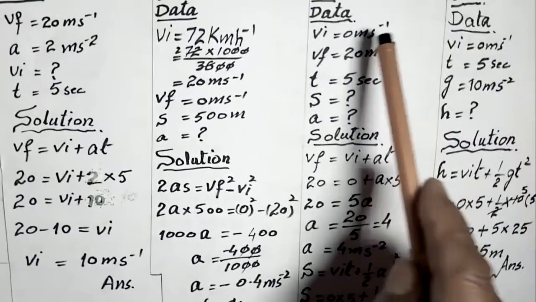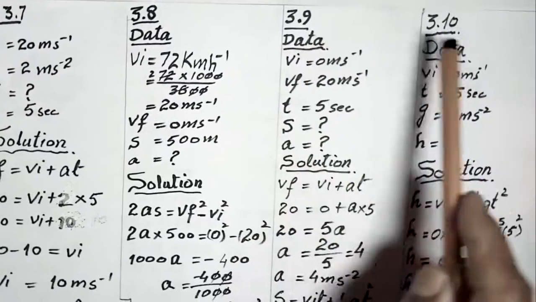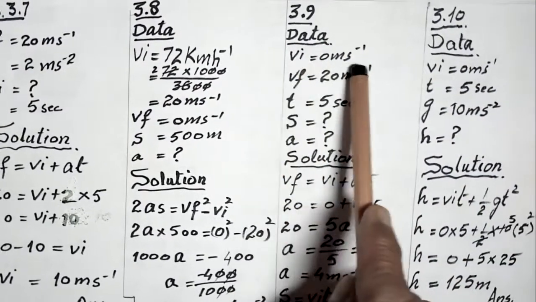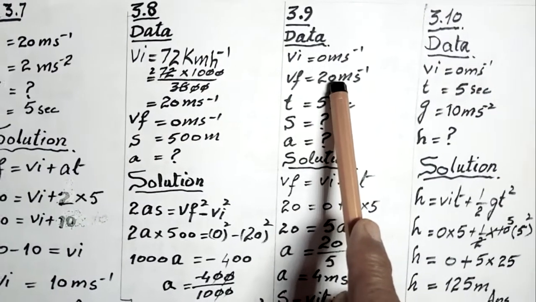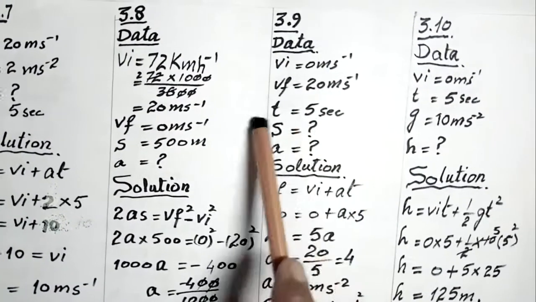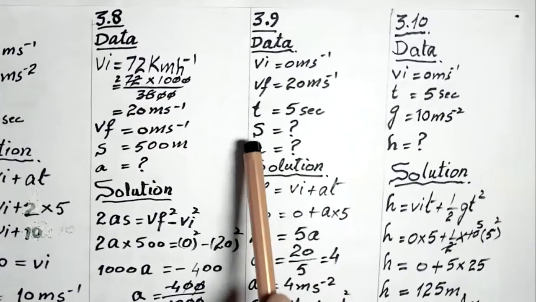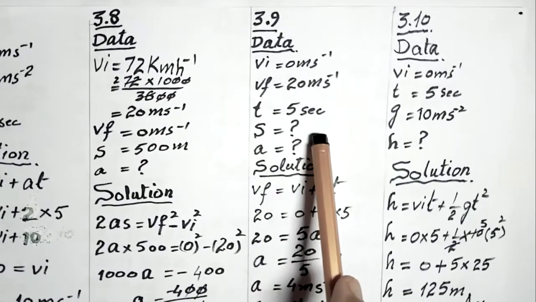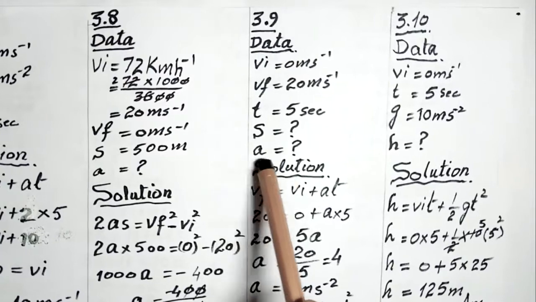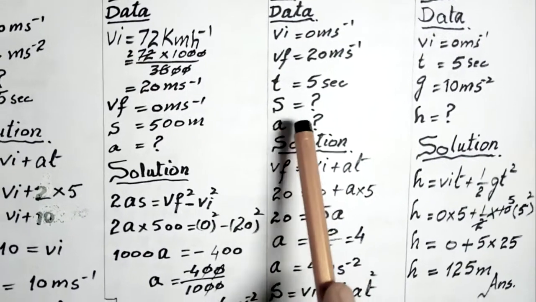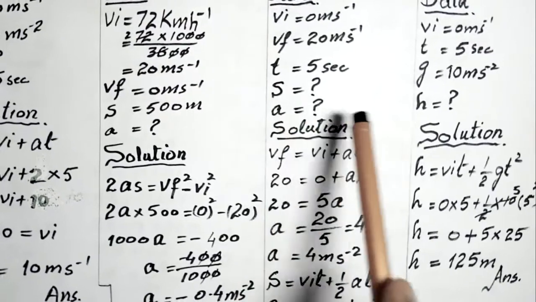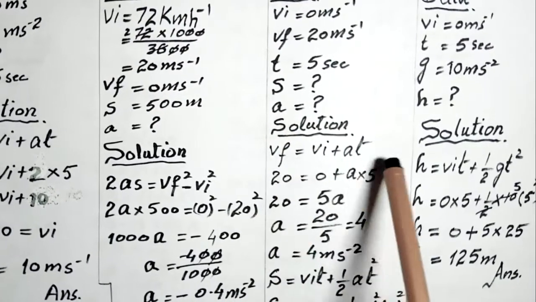Now numerical number 3.9. Data Vi is equal to 0 meter per second. Vf is equal to 20 meter per second. T is equal to 5 seconds, and S you have to find out, and A you will also find out. Now for calculation of A, you will apply first equation of motion.